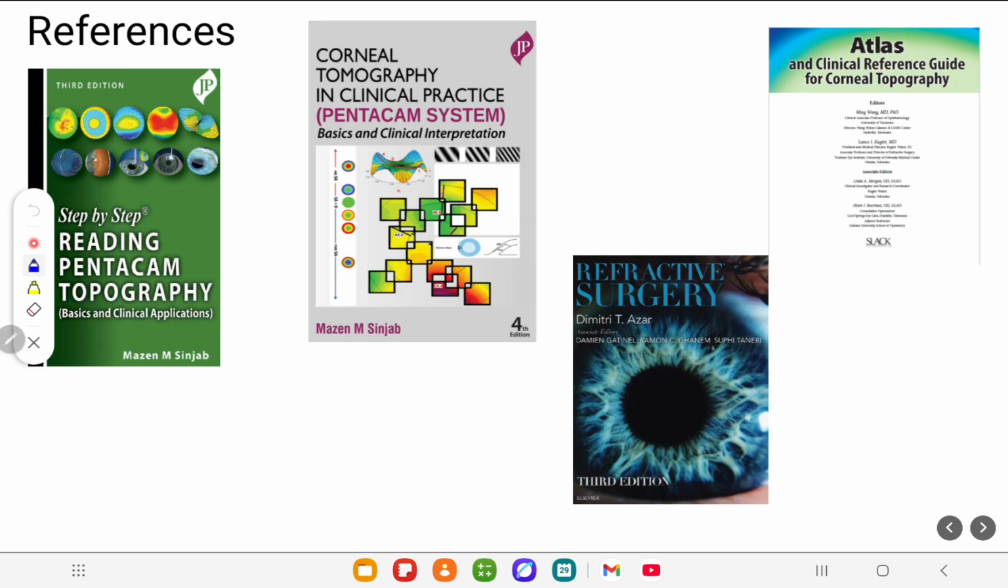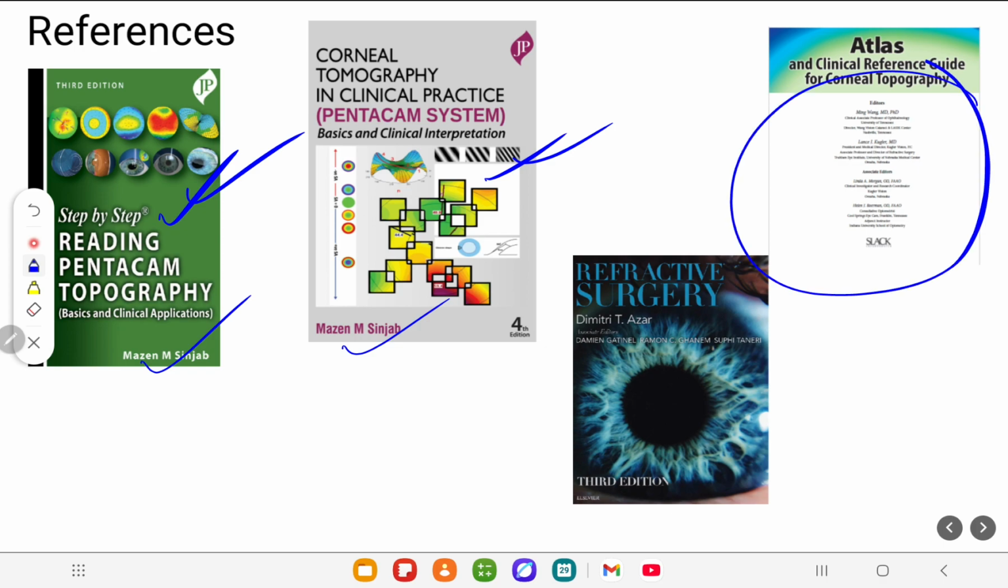I want to recommend some great books. Who doesn't know Sinjab sir? Sinjab sir is an all-time favorite, a great book, and I'm in love with this book. I always recommend it to residents and optometry students.